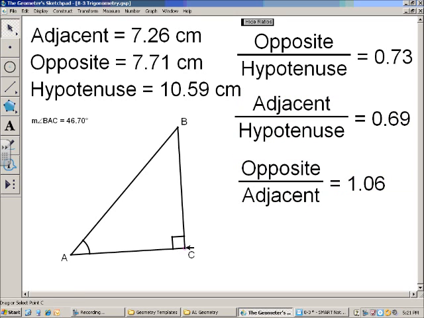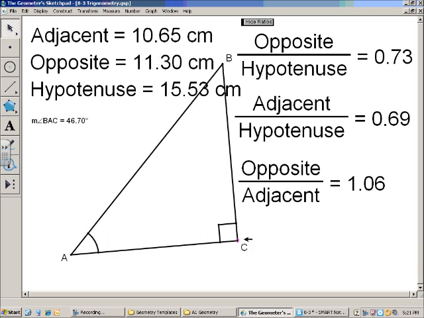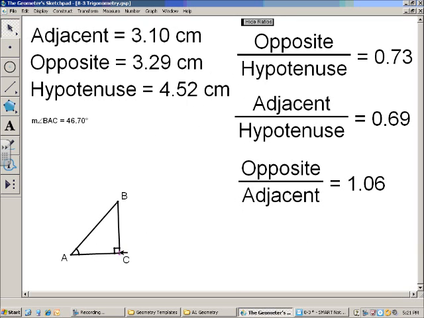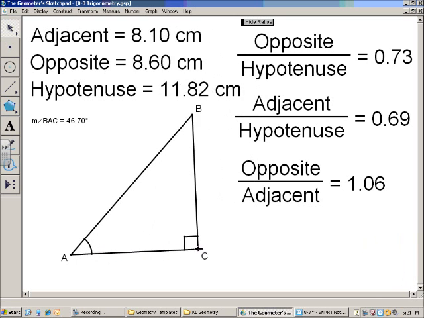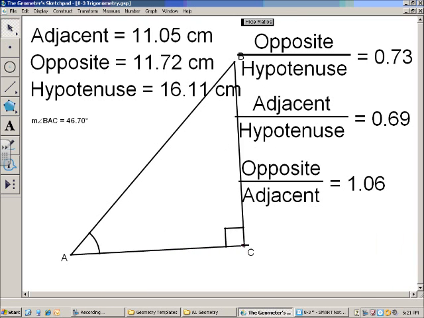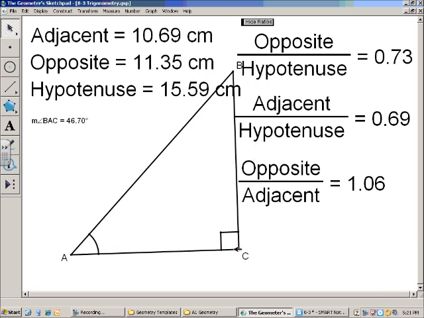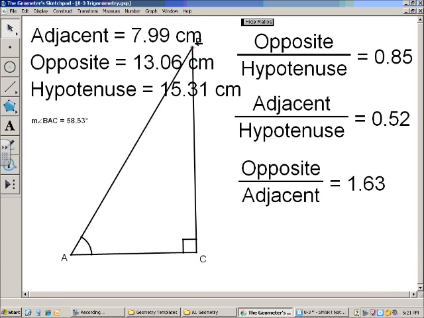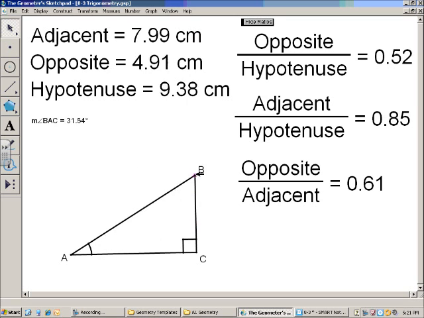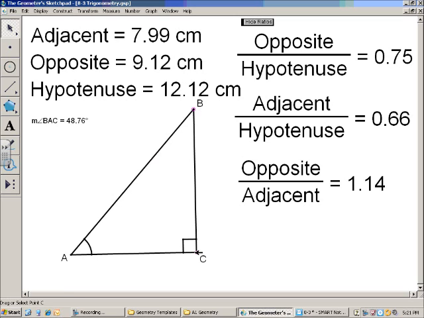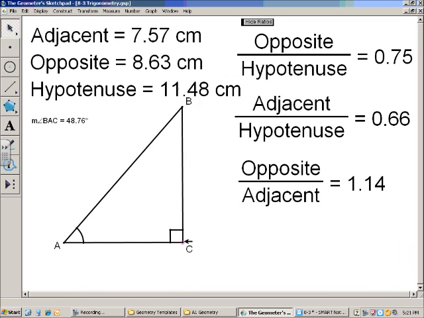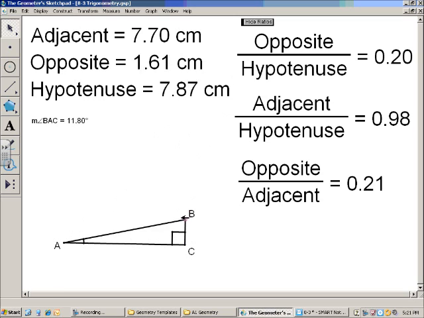As I change the size of the triangle, angle A is not changing, and the ratios are staying the same, again because all these triangles are similar by angle. If I change the angle, then the ratios change. So when the angle stays the same, the ratios stay the same. When the angle changes, the ratios change.